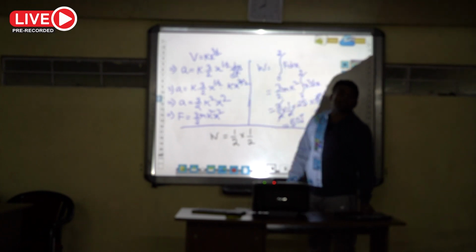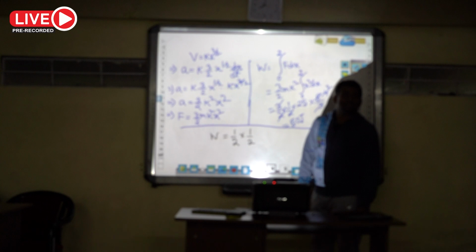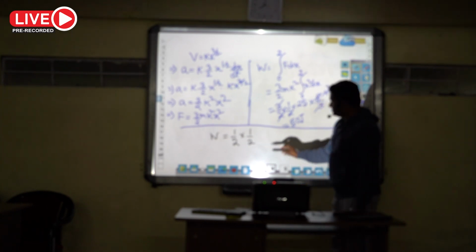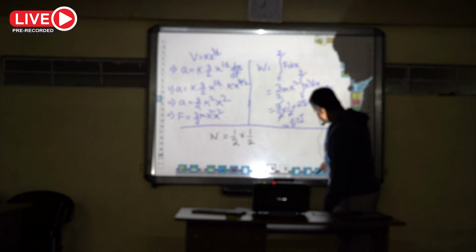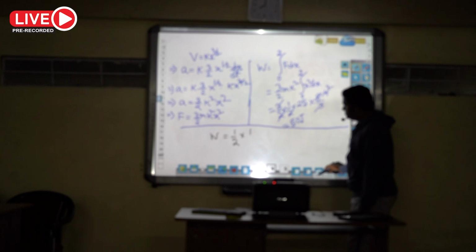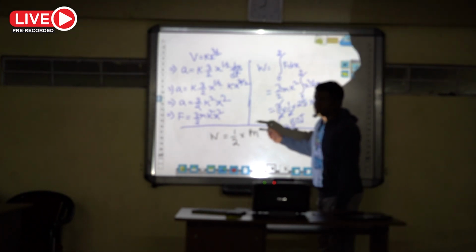At x equal to 2, what is the value of velocity? It is k into 2 to the power 3 by 2. I will do one more step for you: half into mass into velocity square.